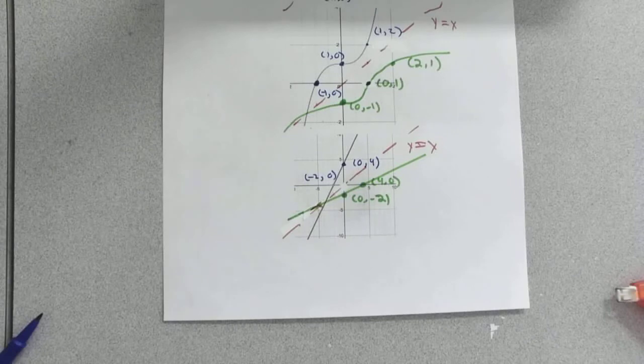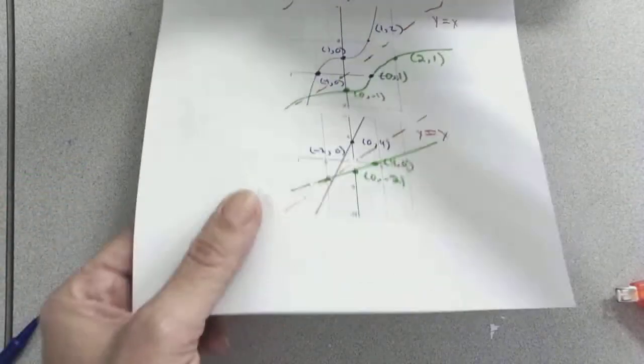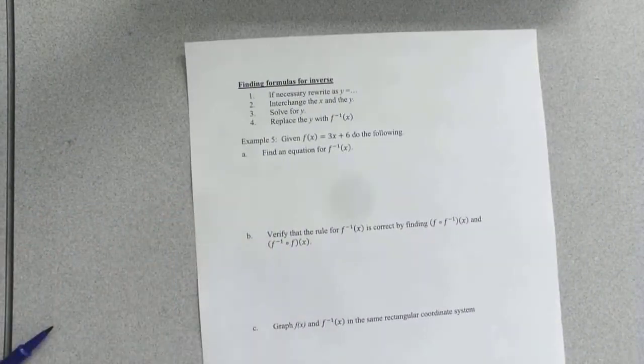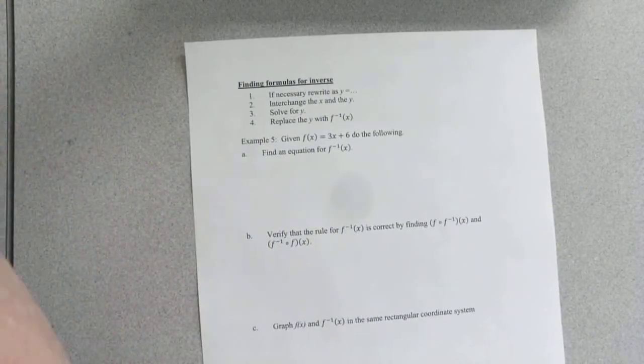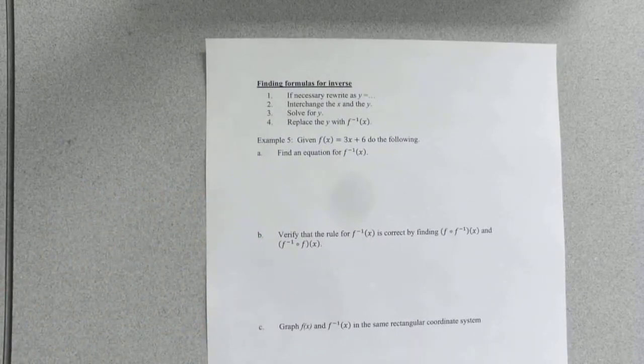Then the last thing we're going to do, and we're going to work with this concept a couple times, is find formulas for inverses. And this really should say in simple cases, basic cases, because finding the formula for an inverse frequently is not really possible. When you go into trigonometry and you study the functions sine and cosine, what you write down for the inverse of sine x is inverse sine.